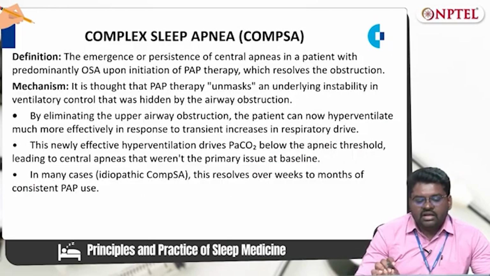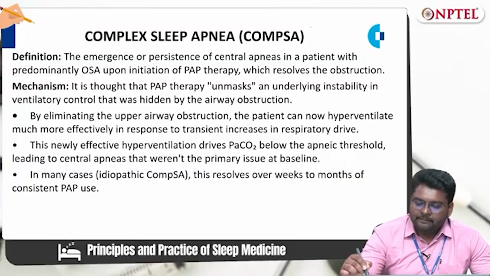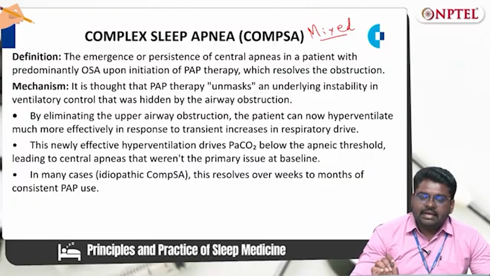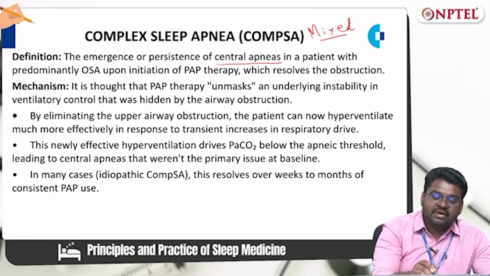Now coming to the concept of complex sleep apnea. Basically it is a mixed type. The definition: the emergence or persistence of central apneas in a patient with predominantly obstructive sleep apnea.